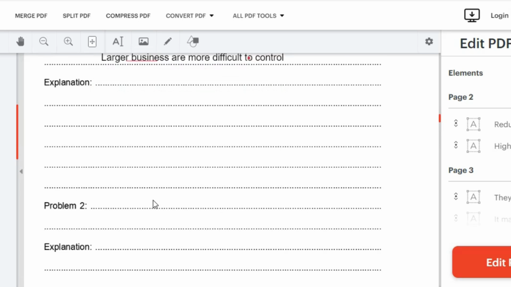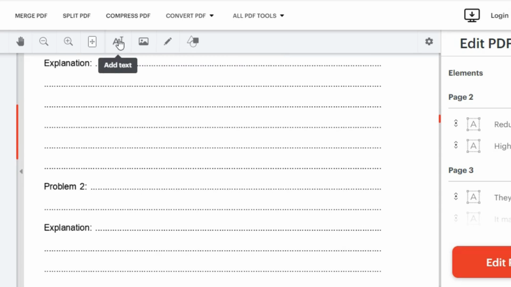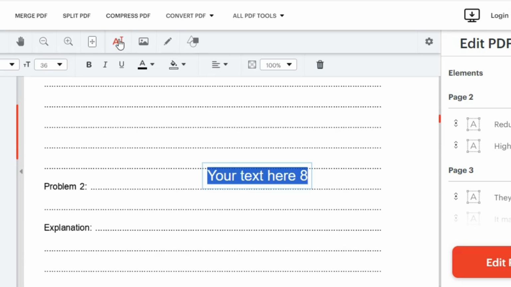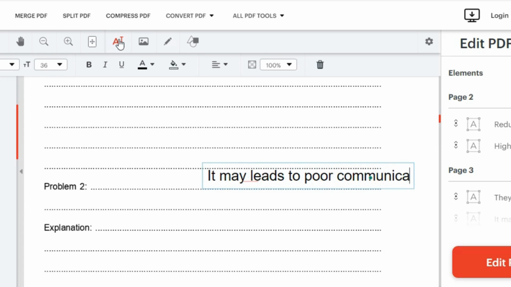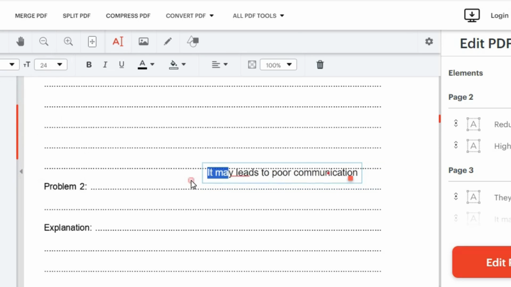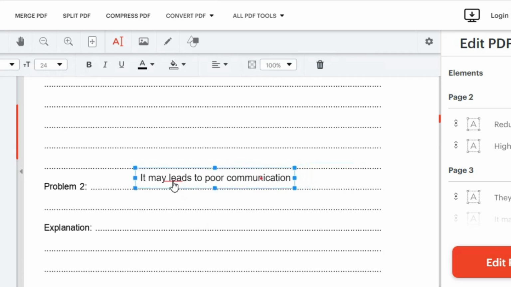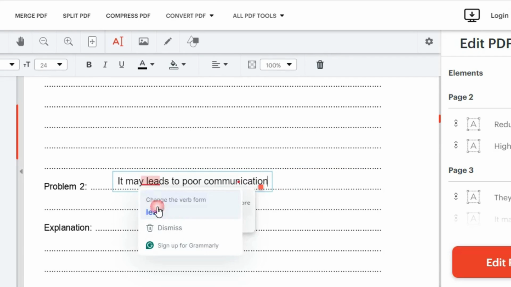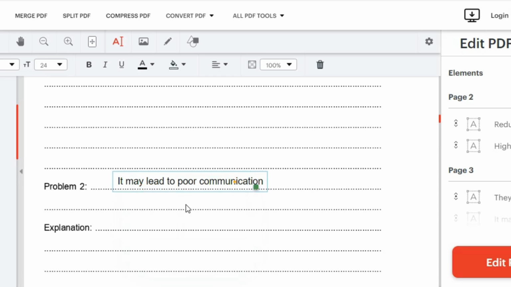Now, the second one I would like to mention here is poor communication. It may also lead to poor communication. Then how does this poor communication affect the RW company growing?